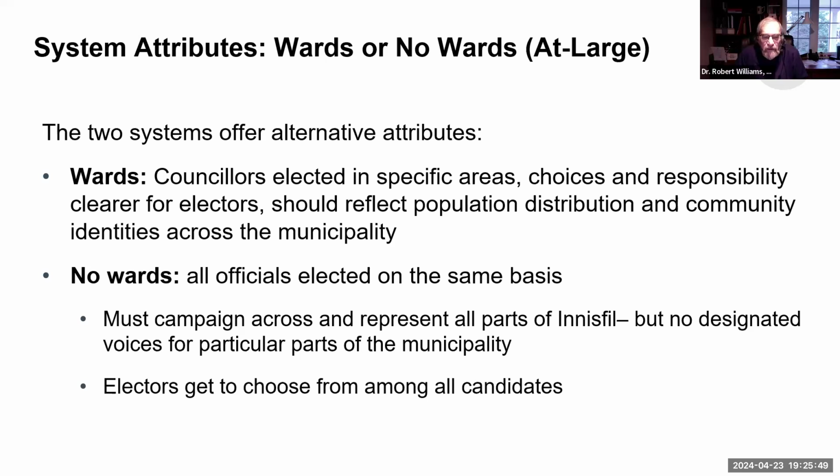The long and the short of it is that in a ward system, you might have a couple of thousand, maybe 3,000 constituents. In an at-large general system, you've got 43,000 people who could conceivably contact you as their representative.